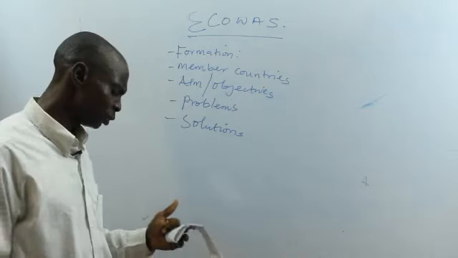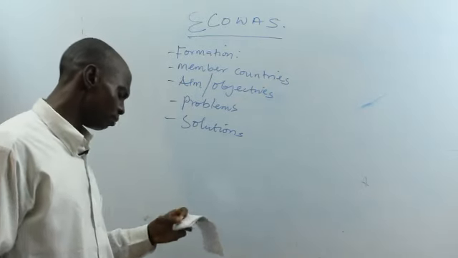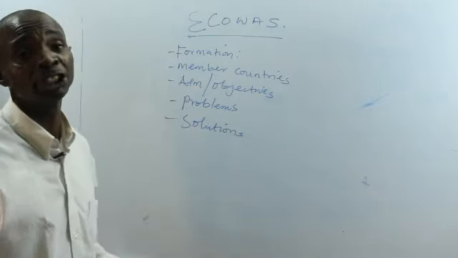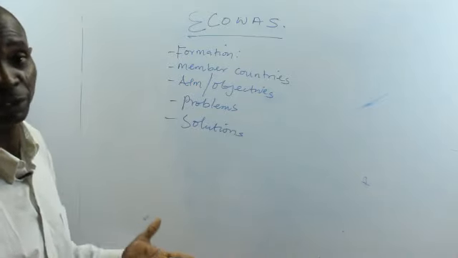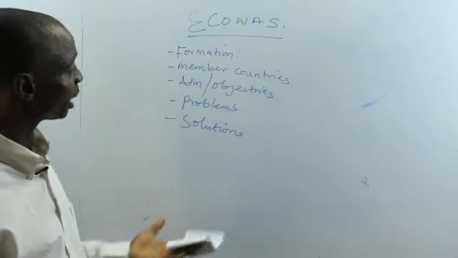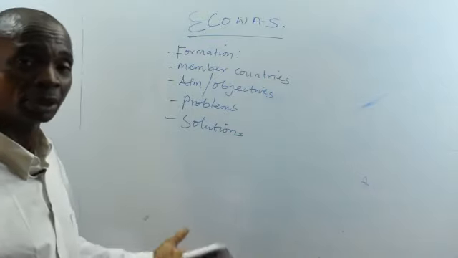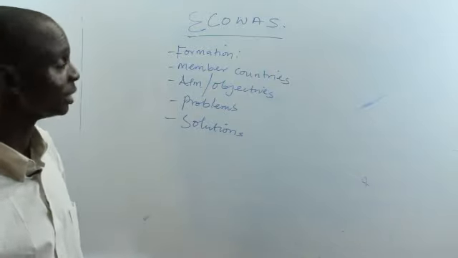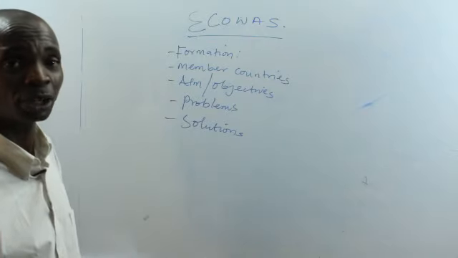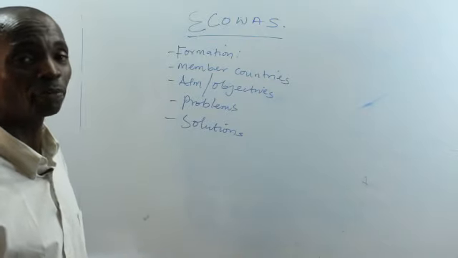Number 2, we talk about fear of domination. Some countries within the member countries are claiming to be self-sufficient. They don't need alliance with this member state because they are afraid of being what?